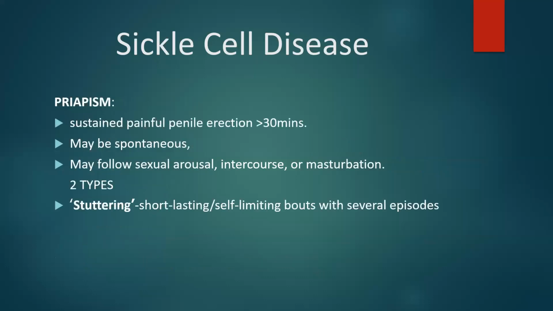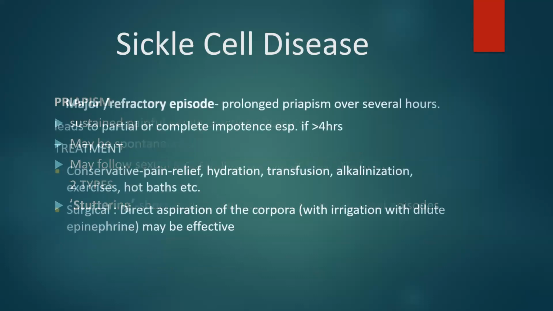Priapism is also one of the complications in patients with sickle cell disease, of which there are two types. We have the stuttering type and then the refractory type. The treatment is conservative: pain management, hydration, transfusion, alkalization.